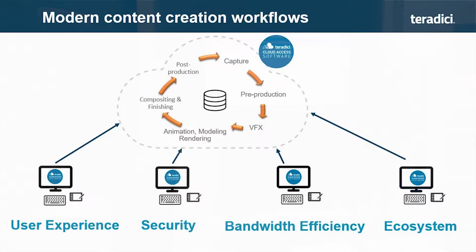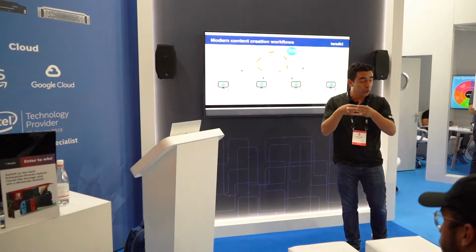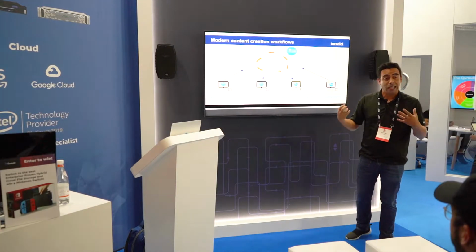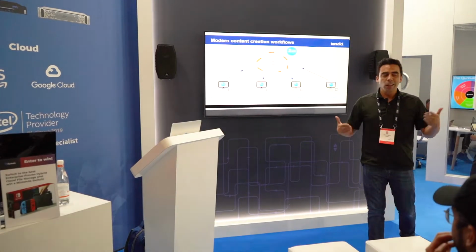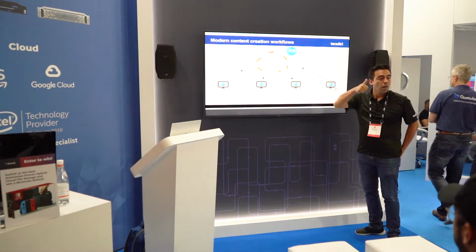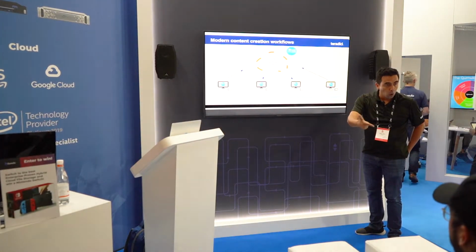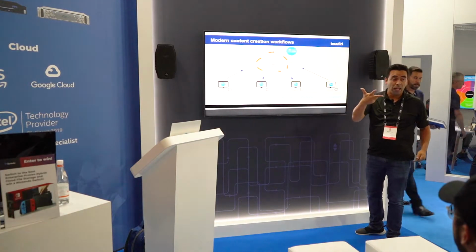All the pre-production, post-production, VFX, animation, rendering, everything happens in the cloud. And by cloud, they mean not just the hyper-converged, not just the public cloud providers, but all the storage that is connected to the internet. So on-premises cloud also applies for these cloud-enabled workflows. When we talk about cloud, we talk about full on-prem or public, or actually the combination of both.